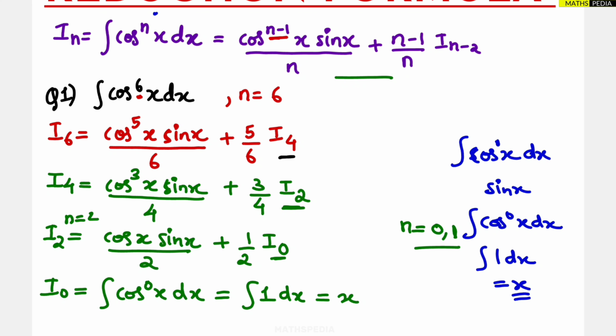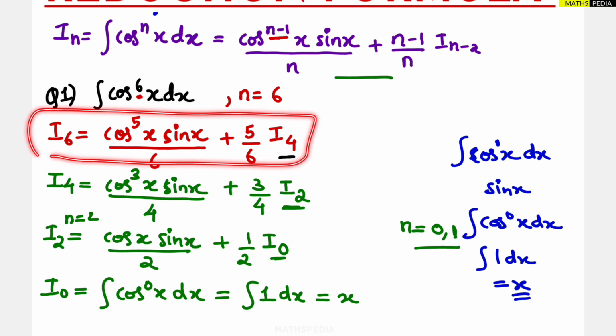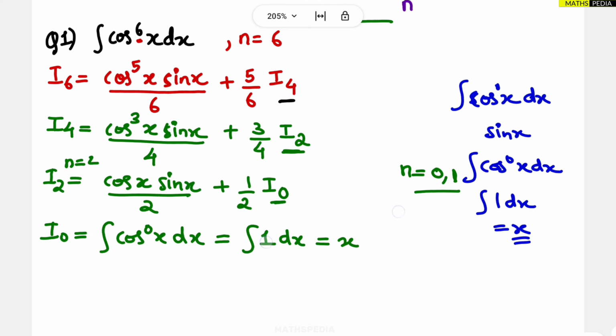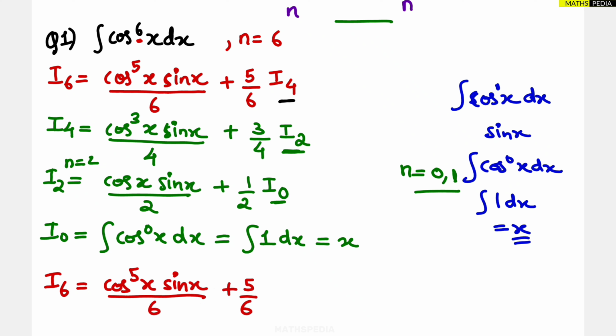So everything is done. All the values we calculated. Now these three values I4, I2 and I0, I need to substitute and bring it back to this form. The I6 will be the final answer. So I6 becomes, in place of I4 you have to substitute this entire thing.